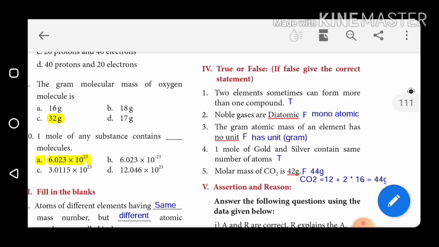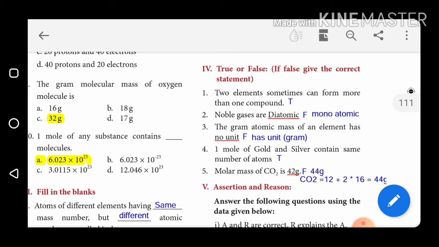Fourth one, 1 mole of gold and silver contain same number of atoms. It's a true statement. Fifth one, molar mass of carbon dioxide is 42 gram. It's a wrong statement. The correct one is 44 gram.